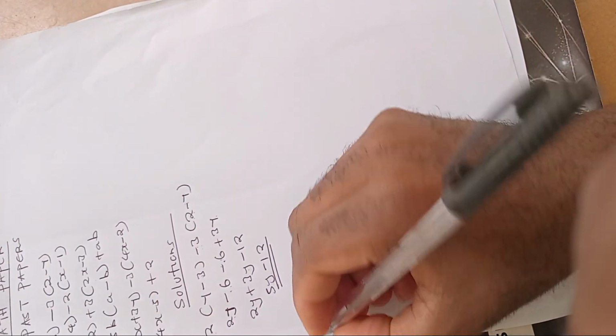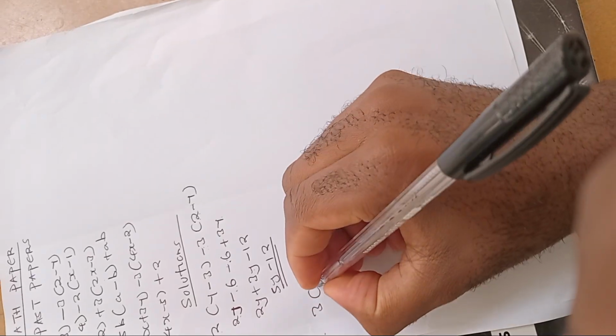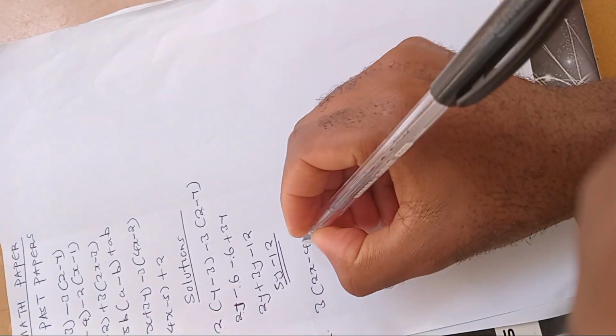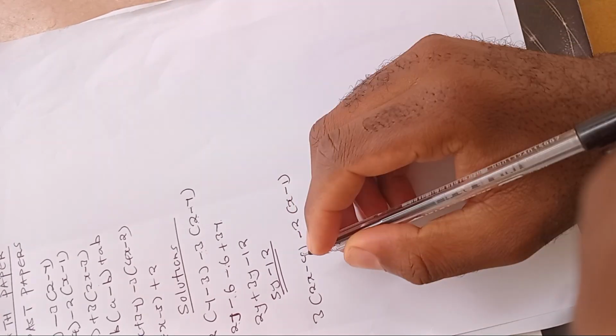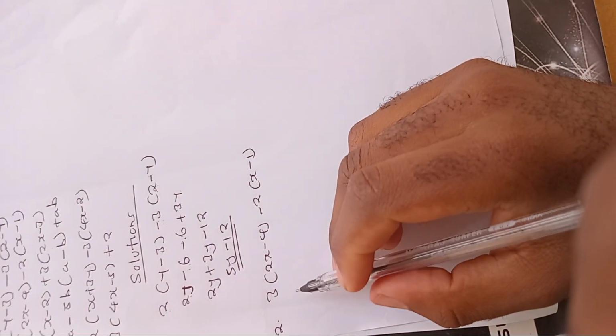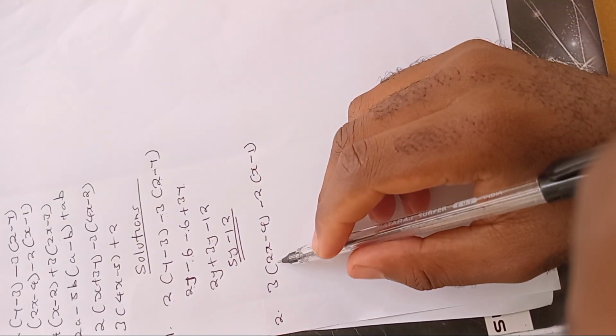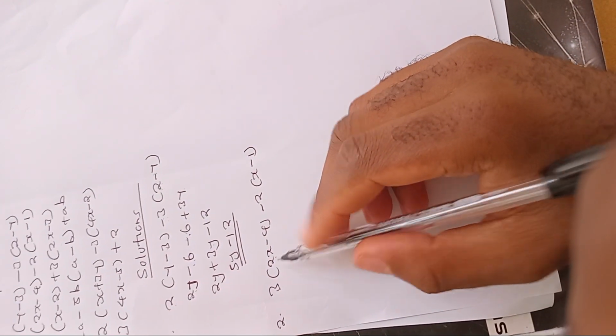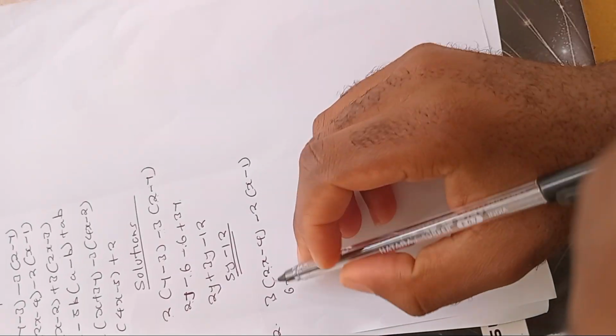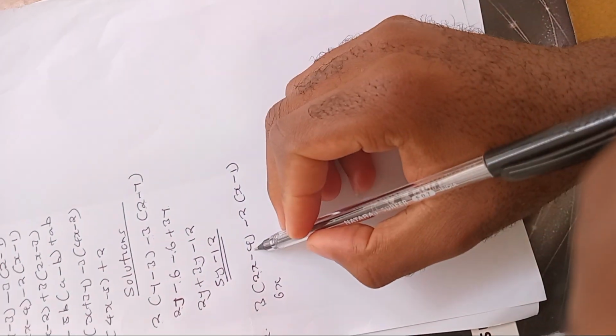Then we have the second one, which is 3(2x − 4) − 2(x − 1). For this one, as usual, we begin by expanding. So we're going to have 3 times 2x, we're going to have 6x, then 3 times negative 4.